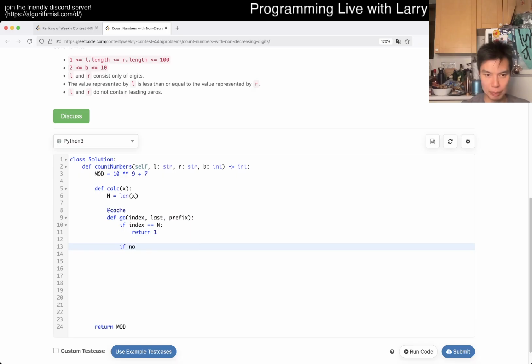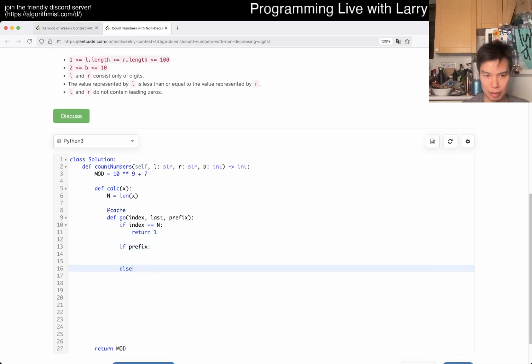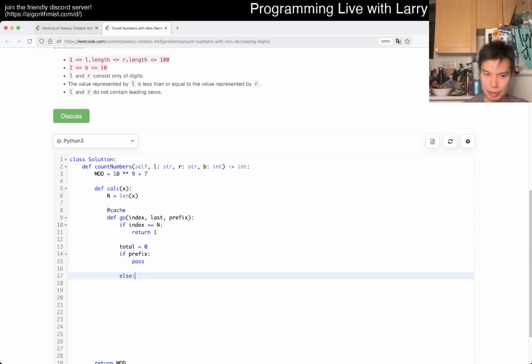So if not prefix, okay, so we pass for now. If it's not prefix, then what? If it's not prefix, then we just keep going. Then we don't even care anymore. Then here we can go from the last digit, right?